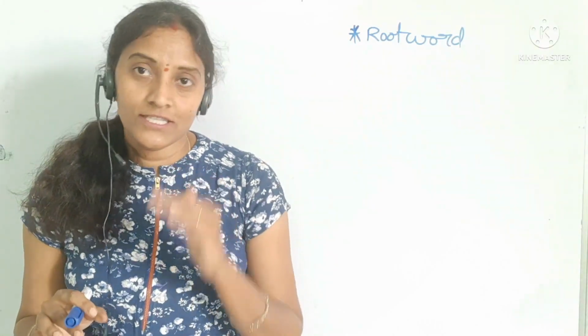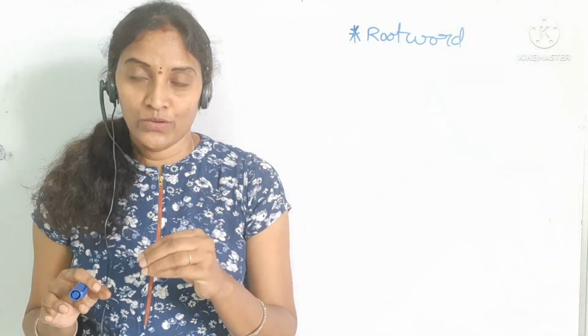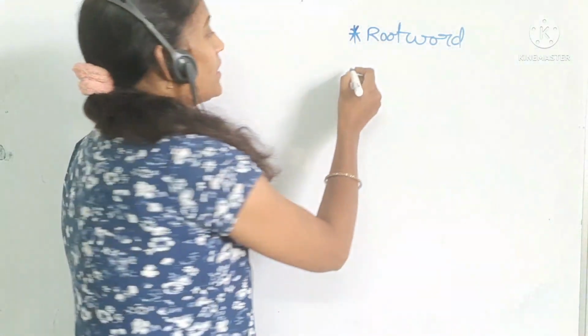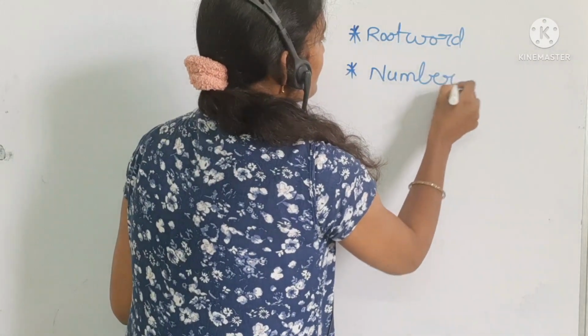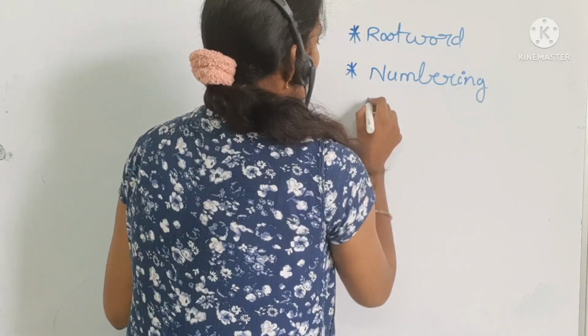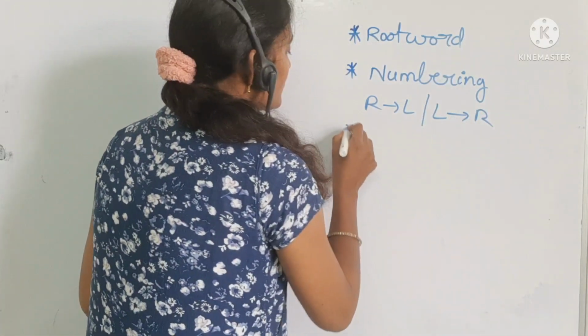Okay, this is the first step. The second step is that you need to give numbering from left to right or right to left. See, this is the second step.